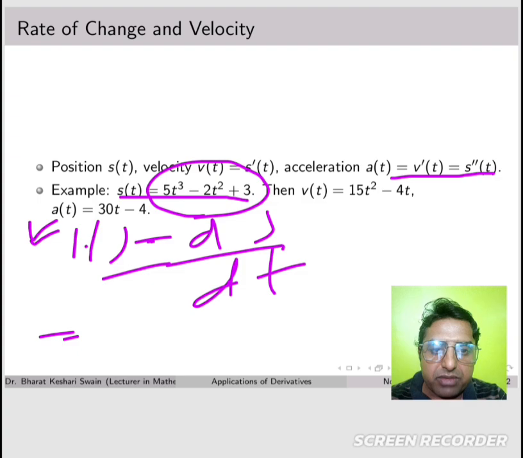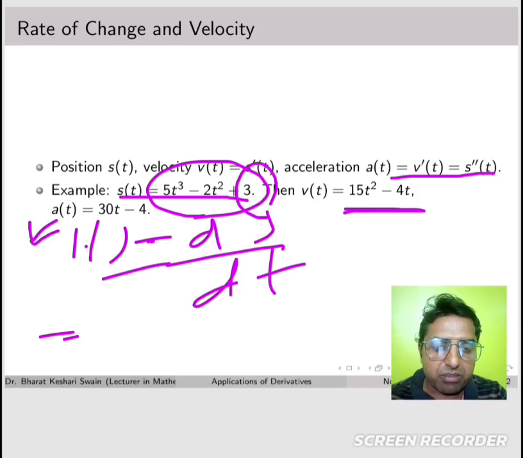The derivative of t cube is 3t square, so 5 into 3t square means 15t square. Then minus 2 into the derivative of t square, which is 2t, so 2 into 2t means 4t. The derivative of a constant is 0, so the derivative of 3 is 0. So v of t equals 15t square minus 4t. This is your velocity.